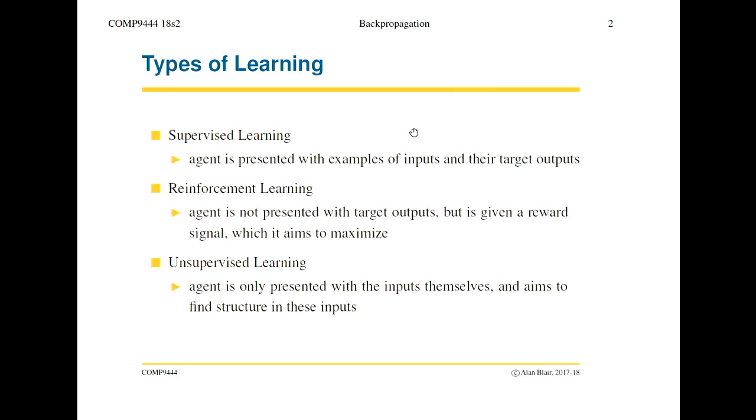So there's kind of three types of learning that we'll be talking about in this course: supervised learning, reinforcement learning, and unsupervised learning. So supervised learning is where a learning system is presented with pairs of inputs and outputs. Here's an input, and this is the corresponding output.